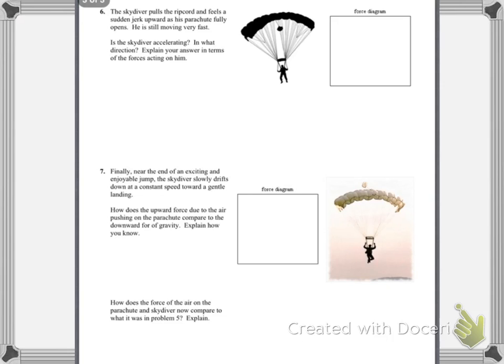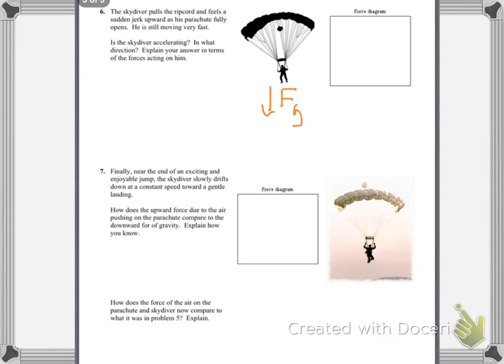Then number 6, a skydiver pulls the ripcord and feels a sudden jerk upward. He's still moving very fast. What direction is the skydiver accelerating? Let's draw our force diagram first. We still have that force due to gravity pulling down on our skydiver, but now he pulls the ripcord and the parachute opens up and he feels a jerk upward.